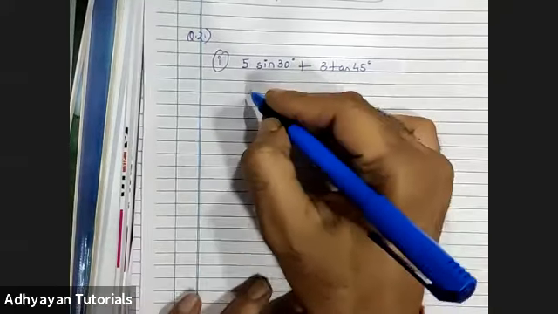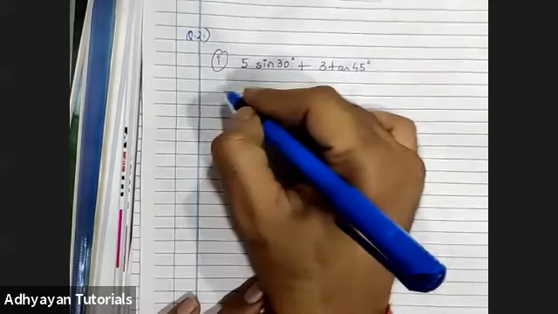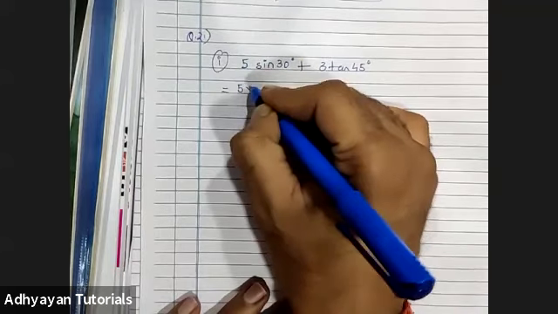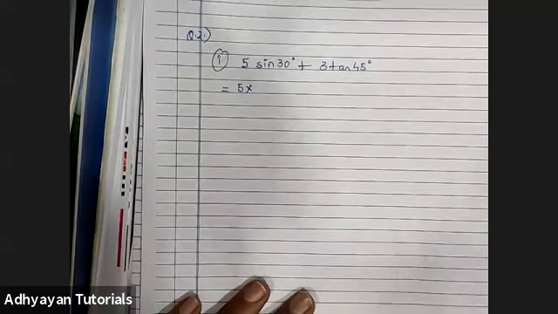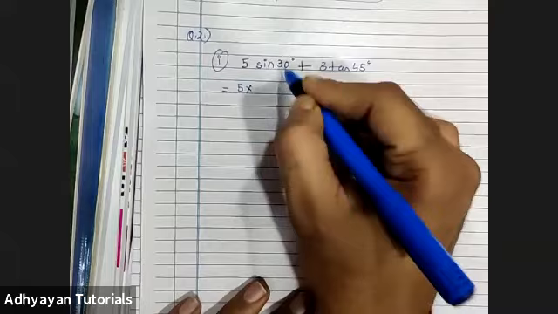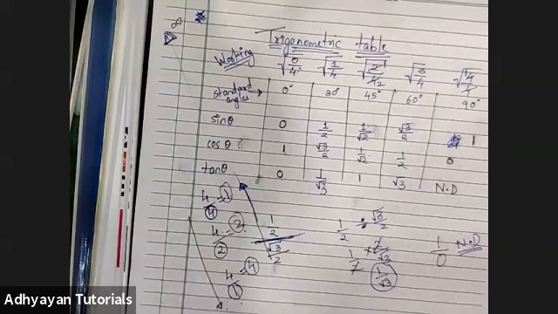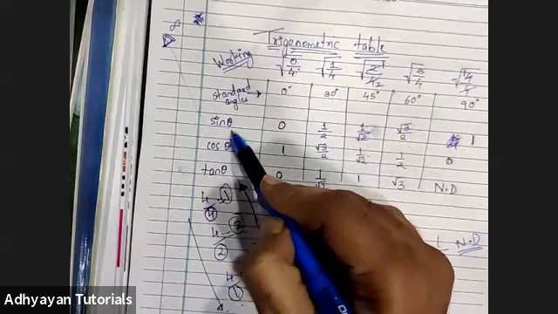Now, children, we just have to get the values of this. Like 5 sine 30 is nothing but 5 into, what is the value of sine 30 from the table? Now, how do we understand what's the value, children? I'll just help you here. See, this is the table. This is sine.